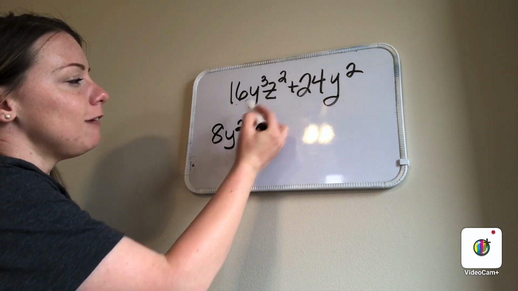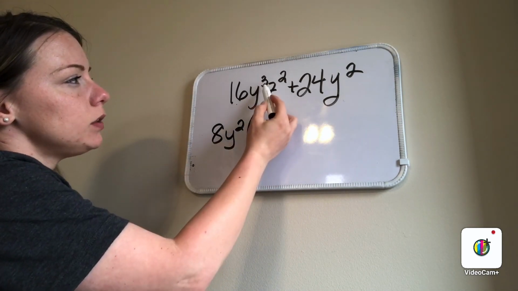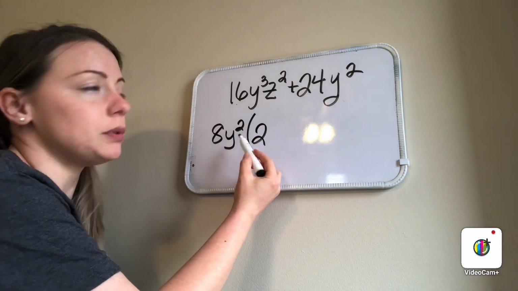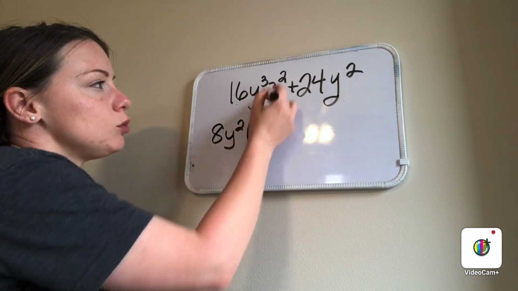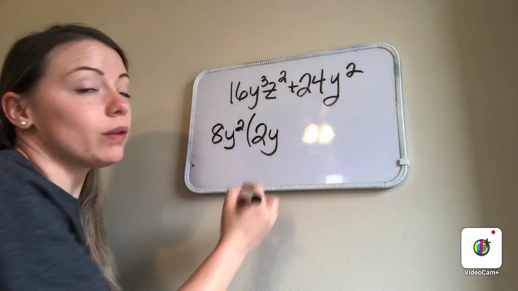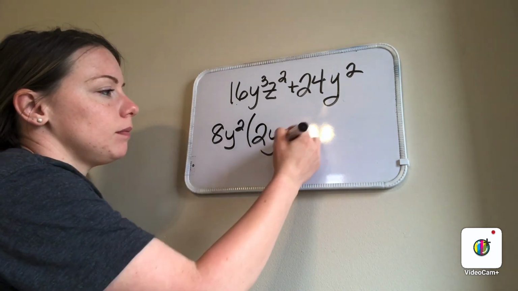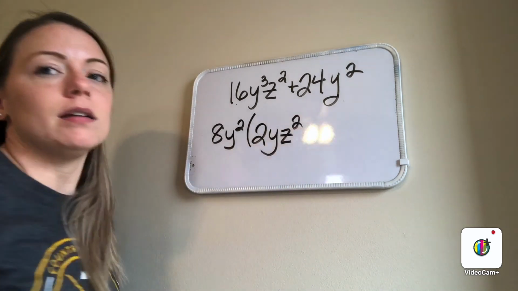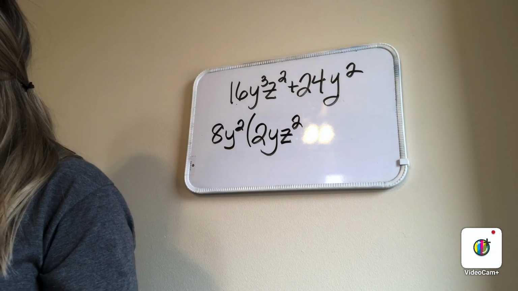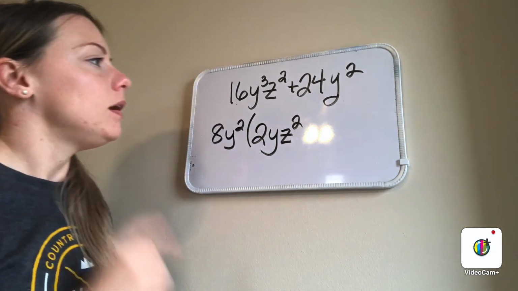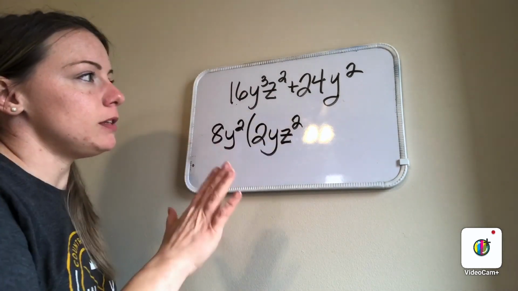Then y to the third power divided by y squared: think about your quotient of powers property, which means I just subtract my exponents, or think about the factoring as well. I had 1 y left over, and then z squared. Sorry about that. My first term is finished.